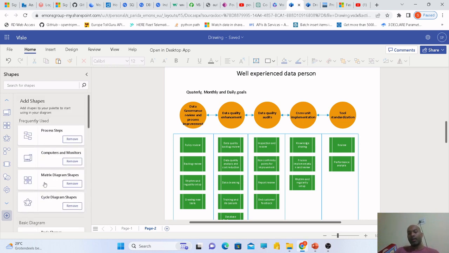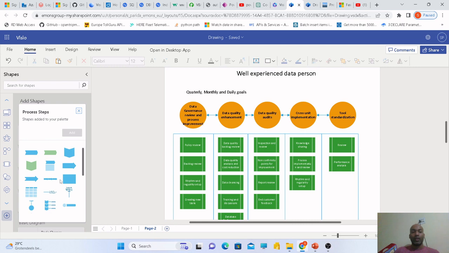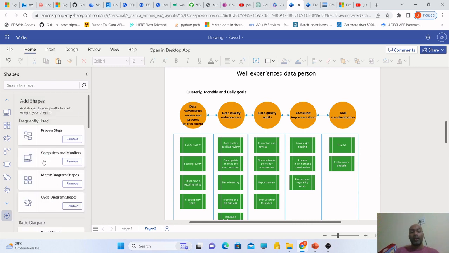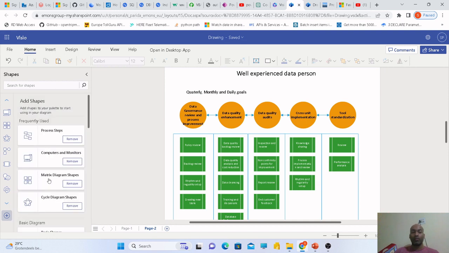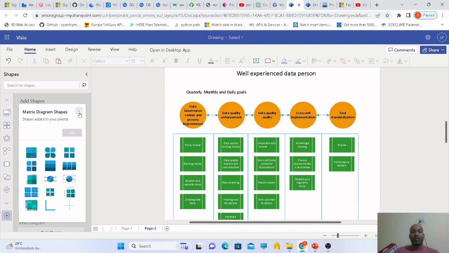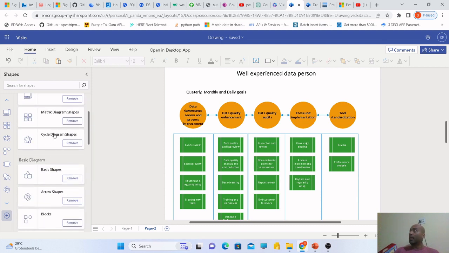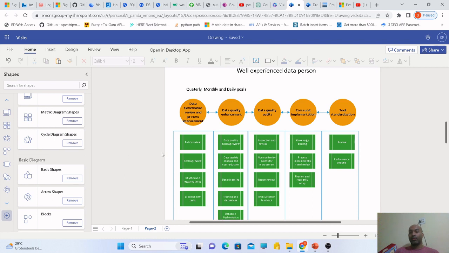It really depends on you to what extent you want to describe the process or the flow. There are multiple objects that can be used. There is no limit in Visio. That's why I like Visio, because it provides a lot of opportunities, a lot of diagrams like matrix flow diagrams, cycle diagram shapes, etc.